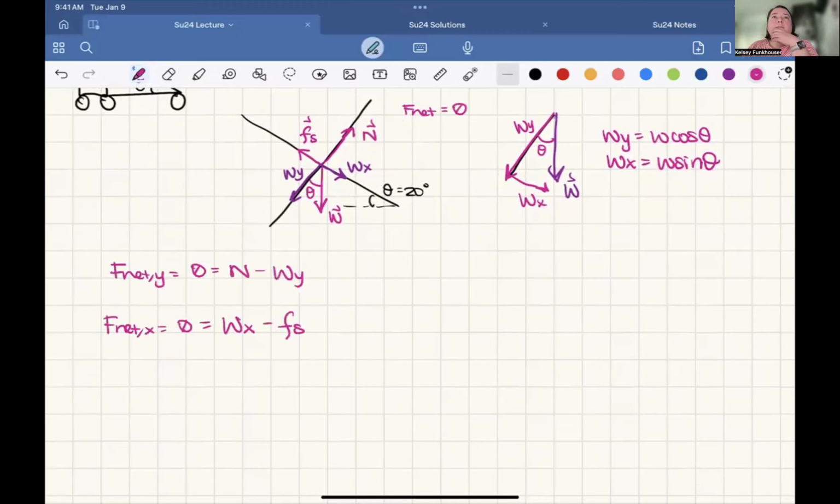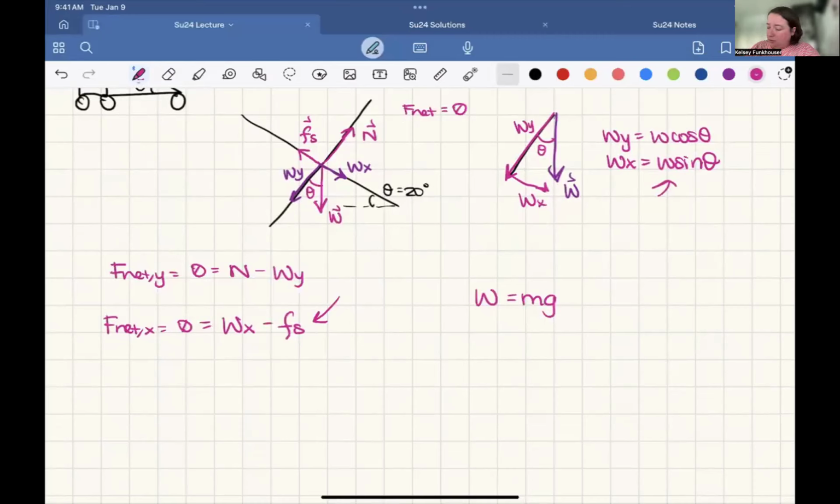Okay, and this problem is asking us first for the static friction force. So we have an equation for static friction. We just learned it. But actually, we can just use this equation here because we know what the mass is. We know weight is mg, and we know the angle to give us the x component of the weight.